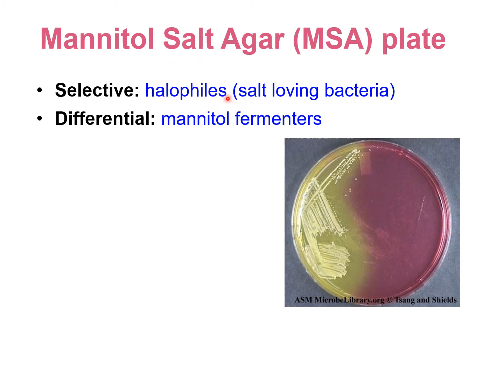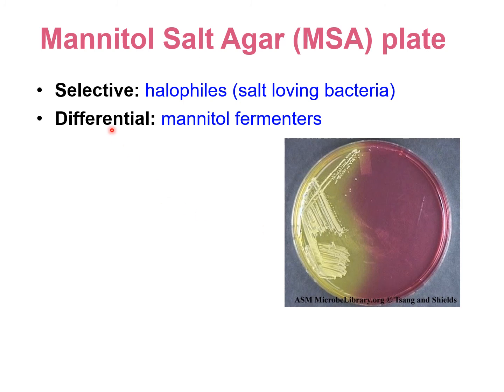That means the halophiles are the ones encouraged to grow on it, to get cultured on it, because halophiles love salt. Therefore, if you have a bacteria that cannot tolerate salt, it's not going to be able to get cultured on this plate. It's going to be inhibited by the salt. So this is a selective plate, because it's selecting certain bacteria to grow on it and inhibiting others from growing on it.